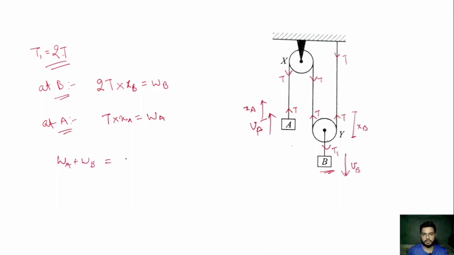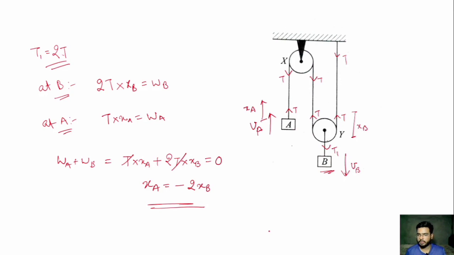So here WA is T into XA, plus 2T into XB, equal to 0. Now T and T get cancelled, so XA is equal to minus 2XB. So this is the relation.